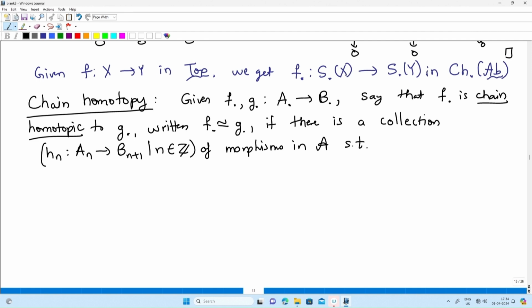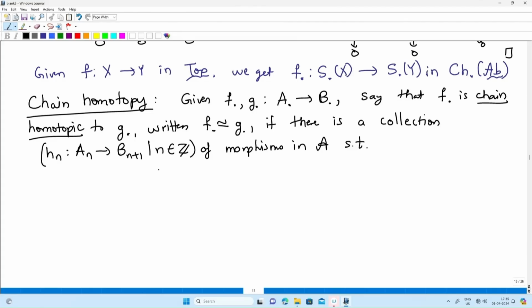Normally our chain maps are degree 0 maps, they go from An to Bn. Here we are not asking for any commutativity. That's also another point worth emphasizing. This is just an independent, loose collection of maps indexed by integers, such that, now this condition is important: Gn minus Fn is equal to Bn plus 1 Hn plus Hn minus 1 An.